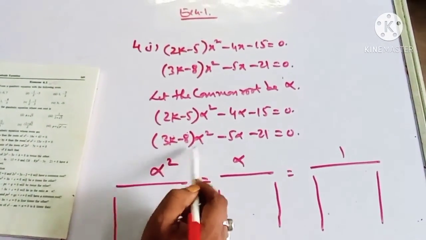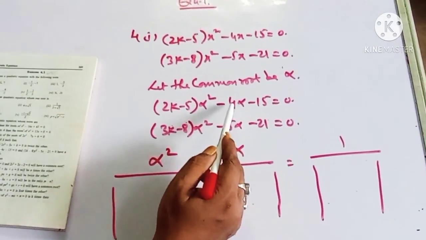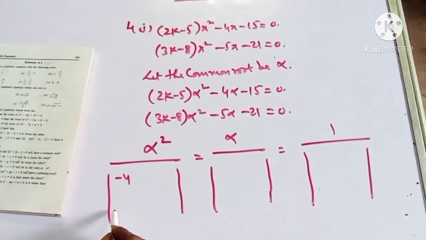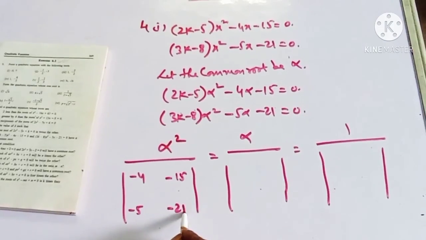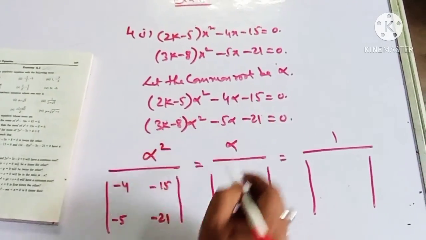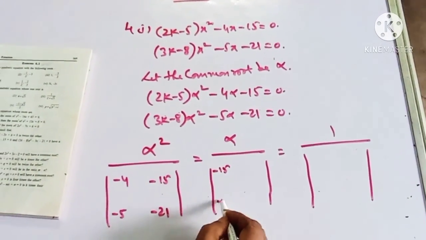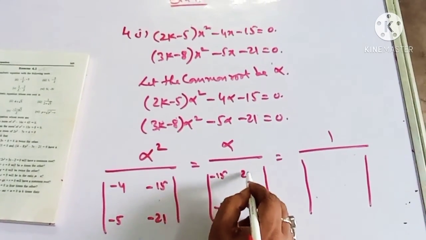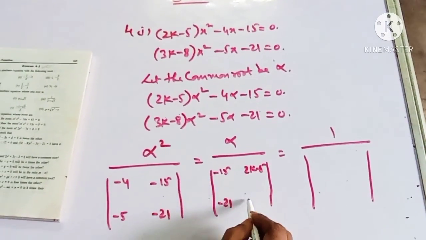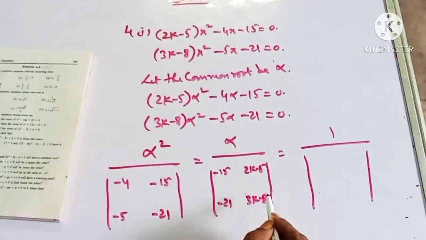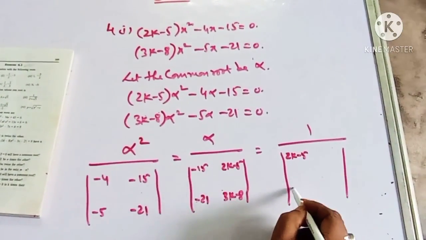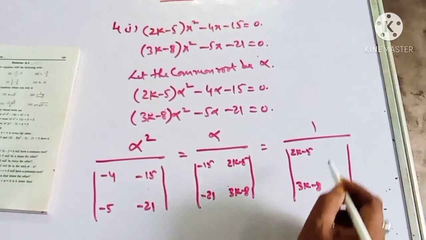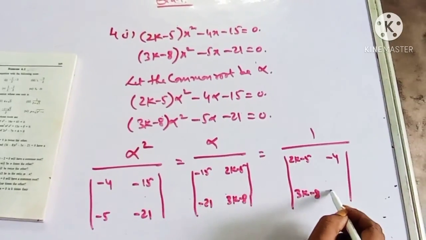So for α², the coefficients are −4, −5, −15, −21; for α, −15, −21, 2k − 5, 3k − 8; and then 2k − 5, 3k − 8, −4, −5.